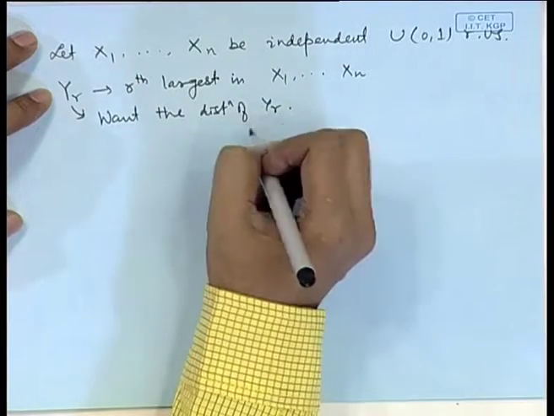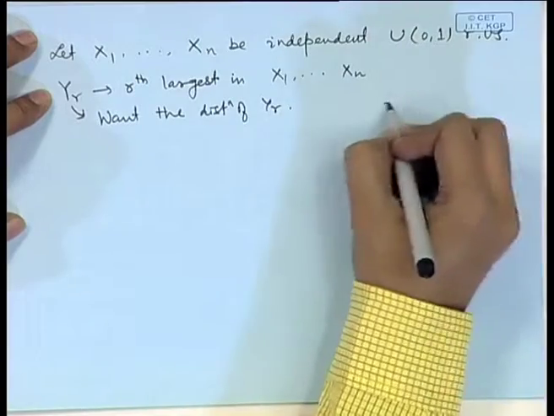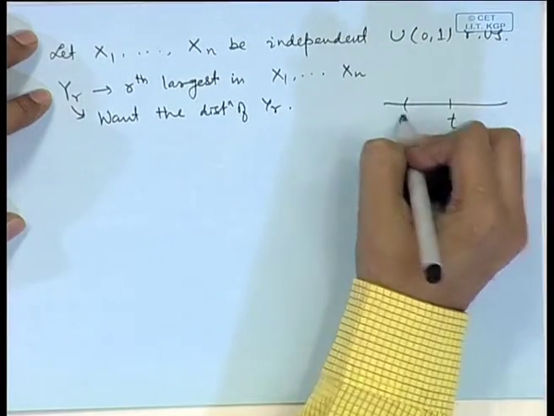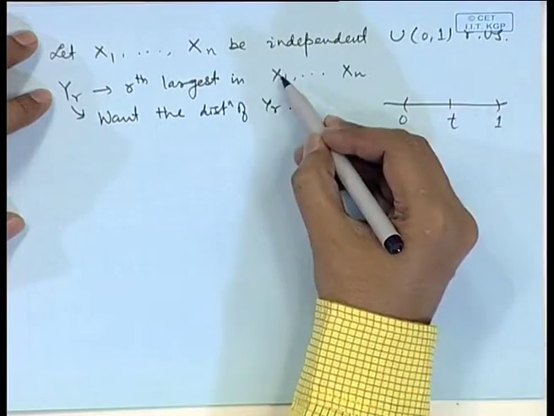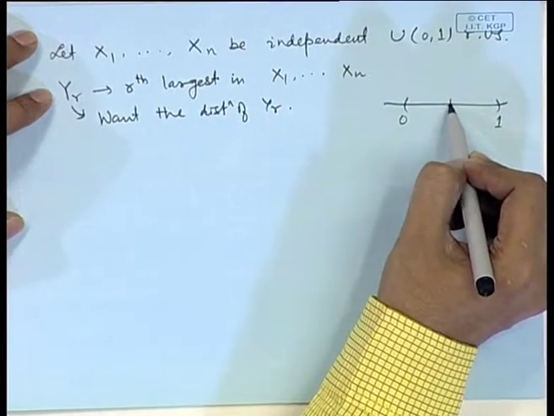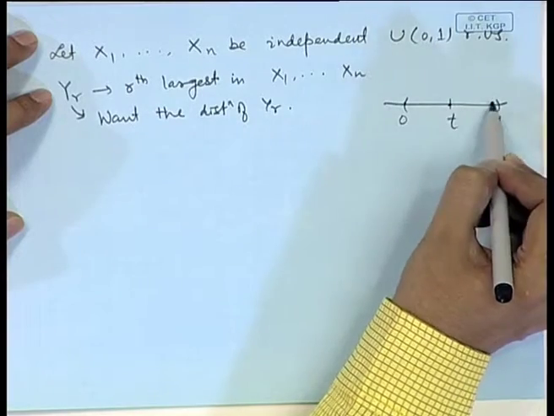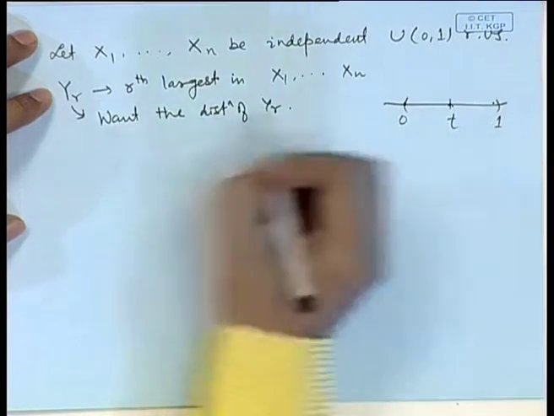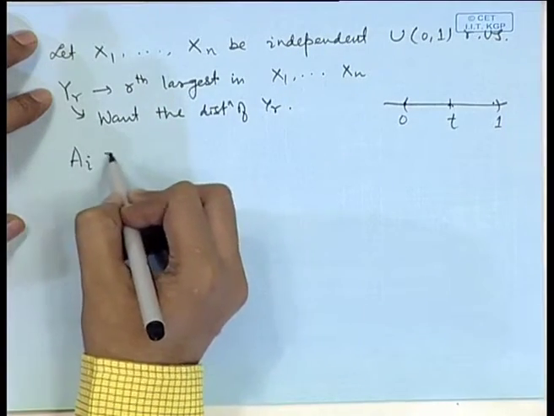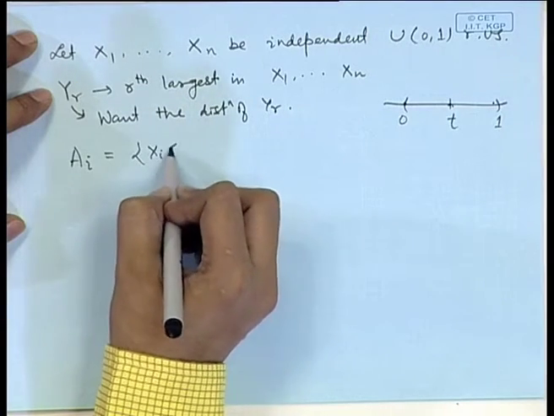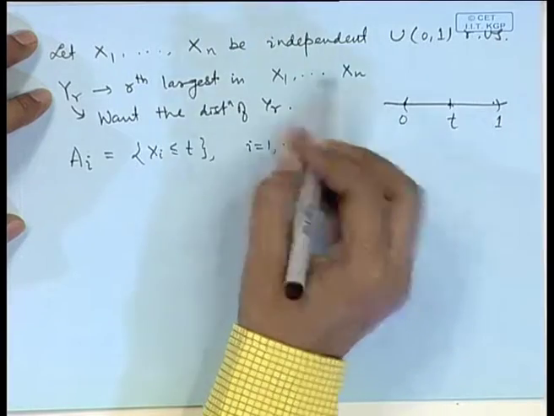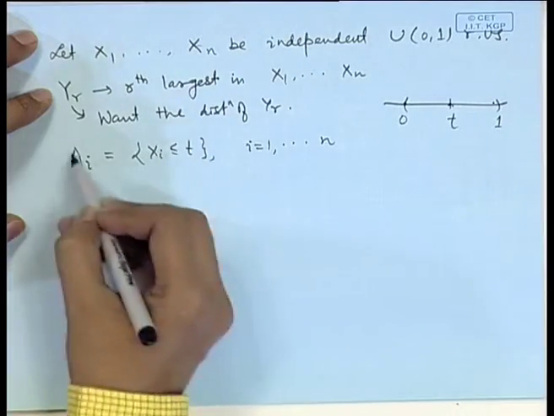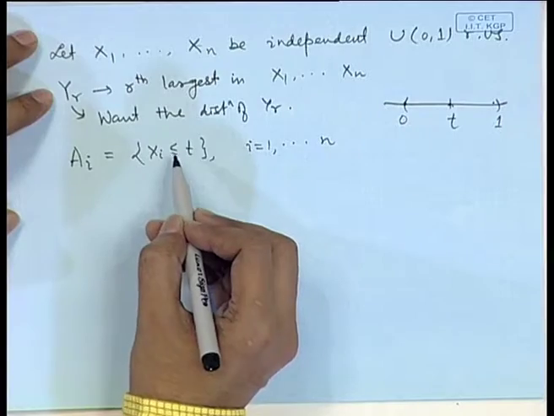Now, to consider this, we may consider some point t on the interval 0 to 1. Then any x i may be bigger than t, that means it may be between t and 1, or it may be between 0 and t. So, if we consider A i to be the event that x i is less than or equal to t, and the x i's are independent, then the A i's are independent events.